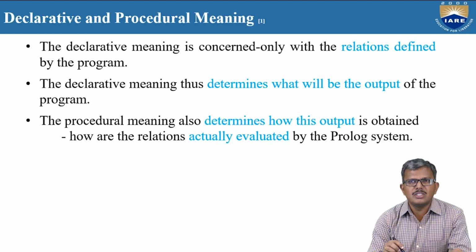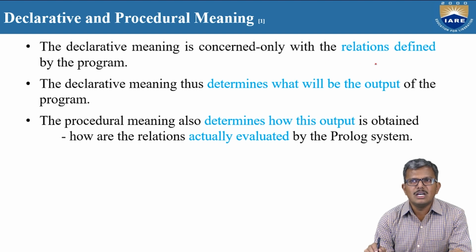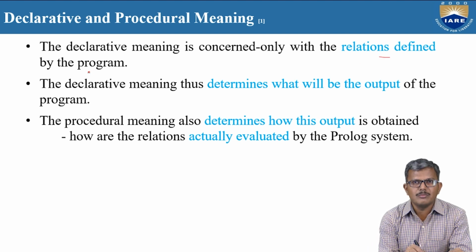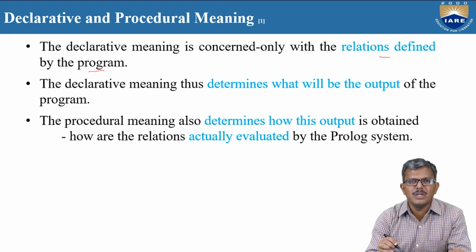So let us come to the declarative meaning here. Declarative meaning is concerned only with the relations defined by the program. Means in the Prolog program, what are the different kinds of relations there, and what those relations are talking about. This kind of meaning is given by the declarative meaning.